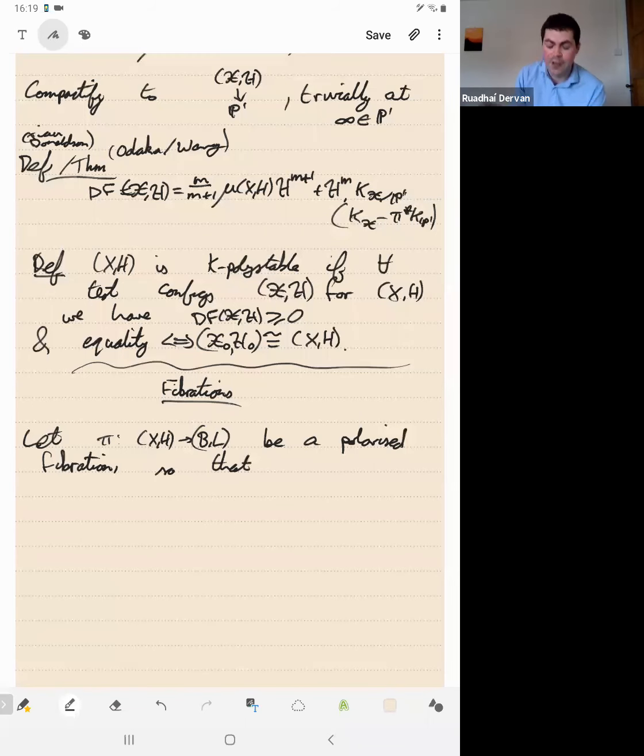This is really just a fibration from X to B in the usual sense of algebraic geometry, so that pi is first of all surjective. The dimensions are different, so the dimension of X is strictly bigger than the dimension of B, and also the fibers are connected.